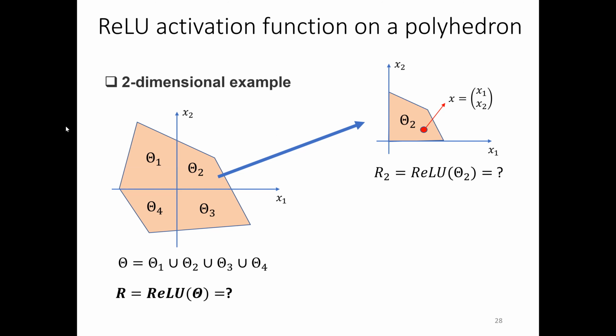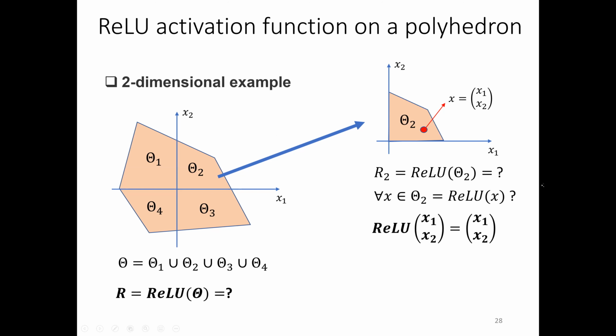Because the ReLU function gives y equals x if x is more than 0. Yeah, that's correct. Because in this region we have x1 and x2 larger than 0, right?